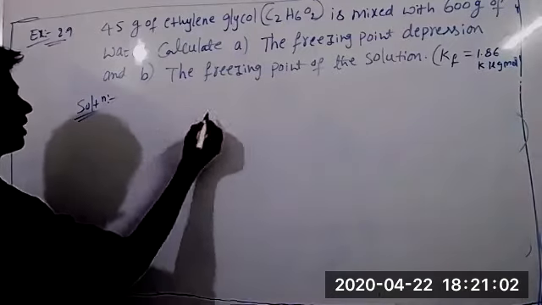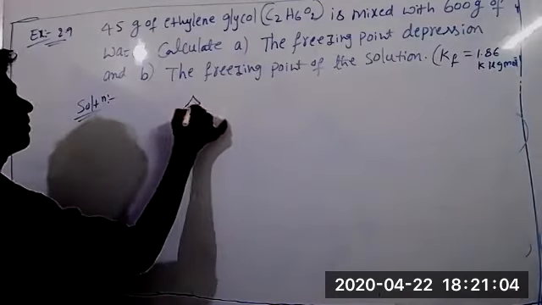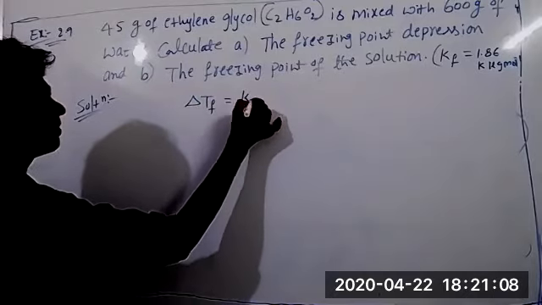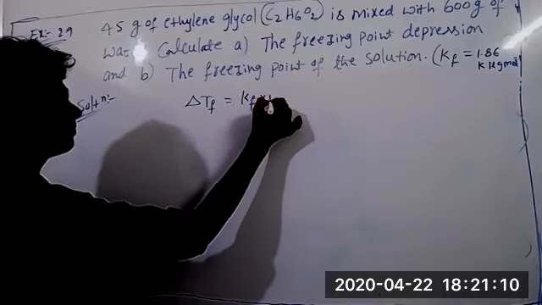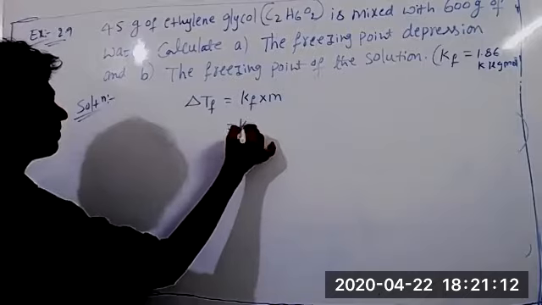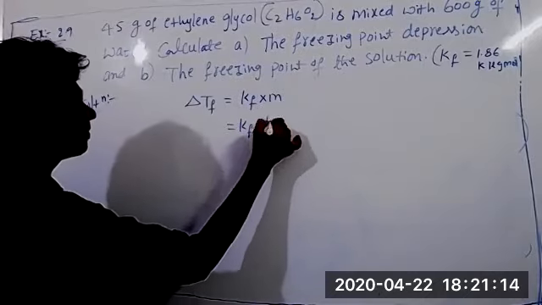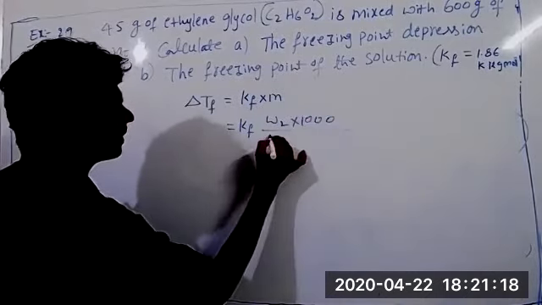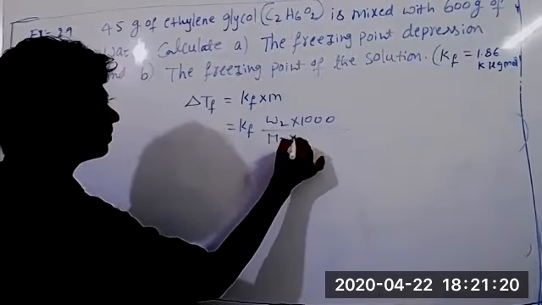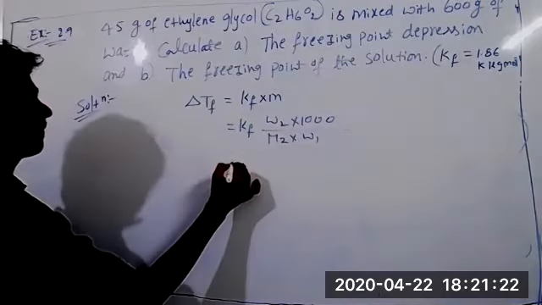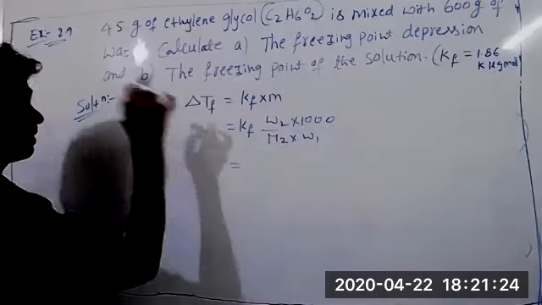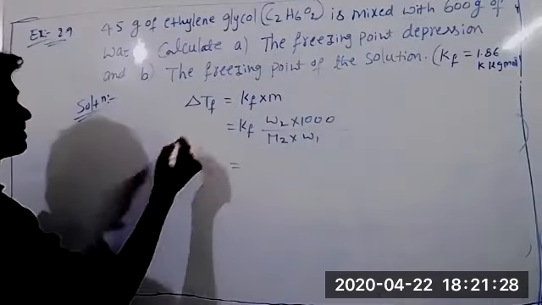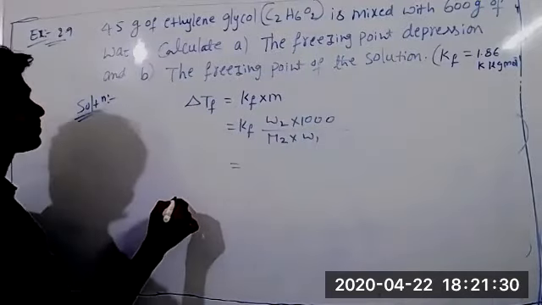Now note down the formula. Delta Tf is equal to Kf into m, means Kf into molality, W2 into 1000 by M2 into W1. Delta Tf refers to the freezing point depression.